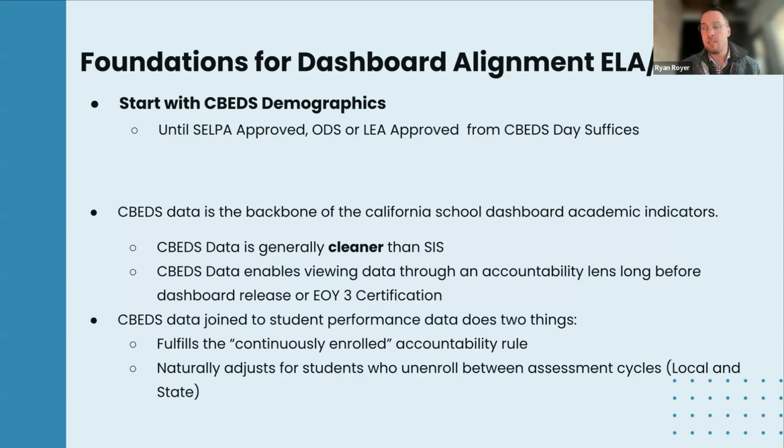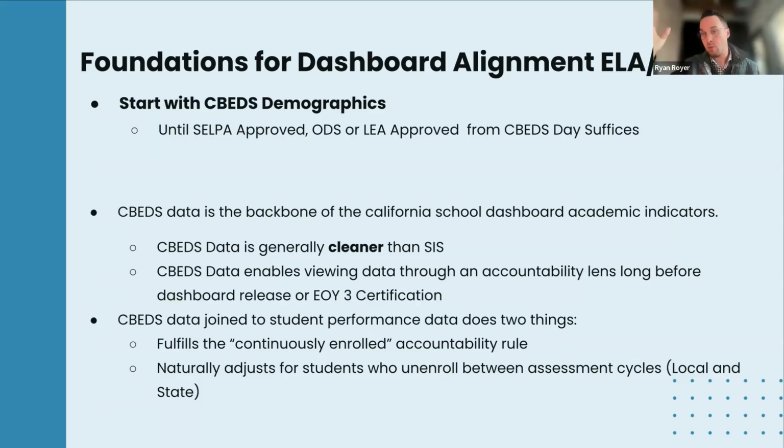And so what that means is if I have a census day student demographic or student group of socioeconomically disadvantaged, and I unite that with state test scores at the end of the year, I'm only going to have SED as a group for students who also had a test score. So those students who left who were SED on census day are naturally filtered out of that data.